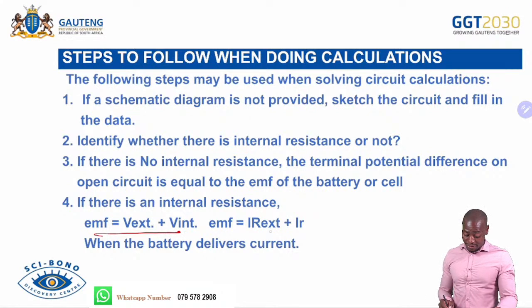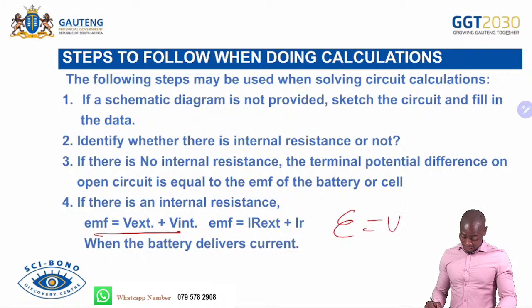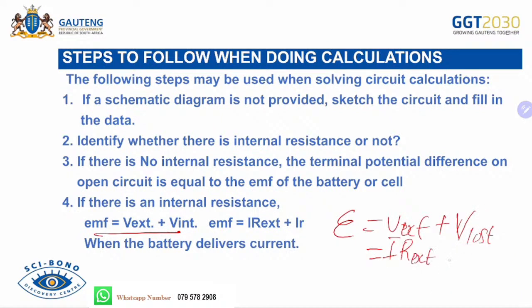So by now you are aware of that. Then we can expand this. Remember your EMF is V external plus V lost, or V internal. How to calculate V external: it is I R external, plus V lost, which is I small letter r. We can take out the common factor, because I is the total current.